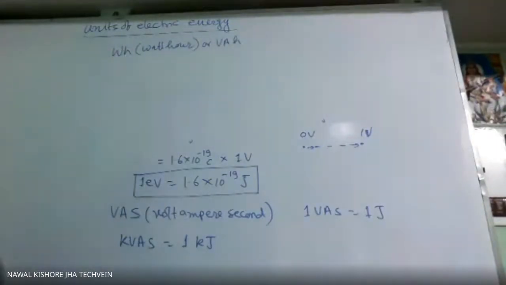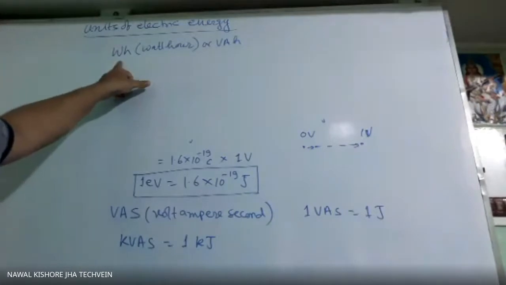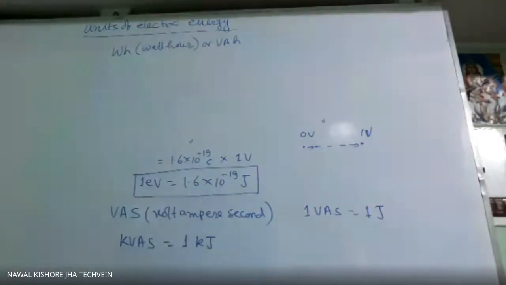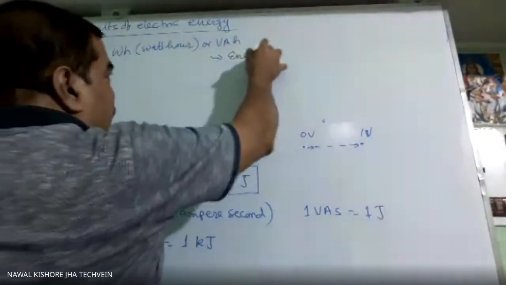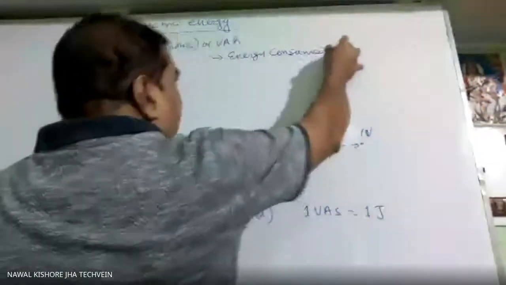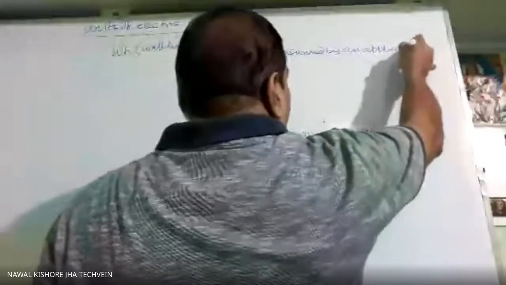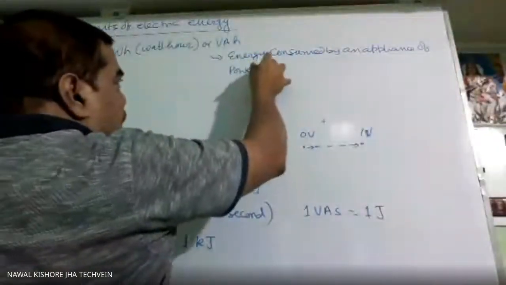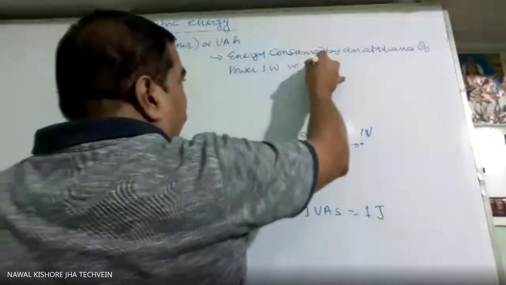So watt hour is the energy consumed by an appliance of power 1 watt in 1 hour.